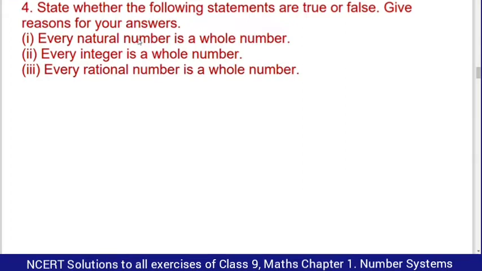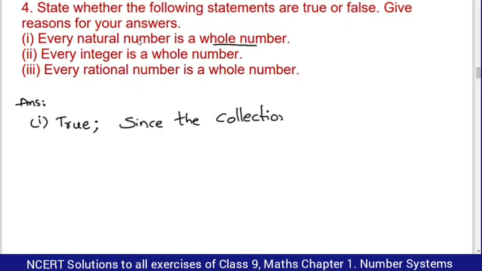Answer: first one, every natural number is a whole number, it is true. Since the collection of whole numbers contain all natural numbers.